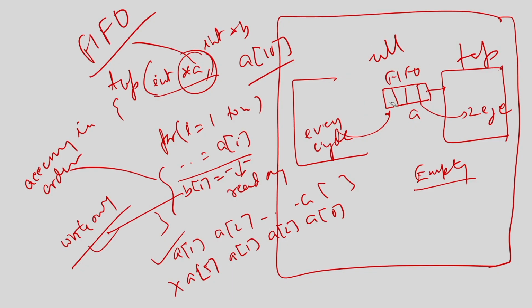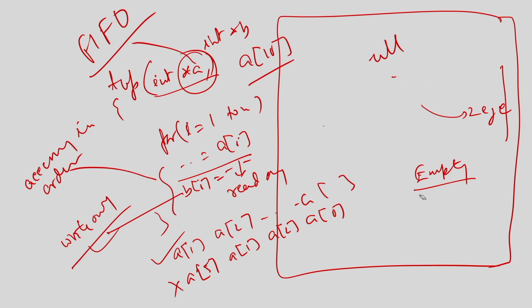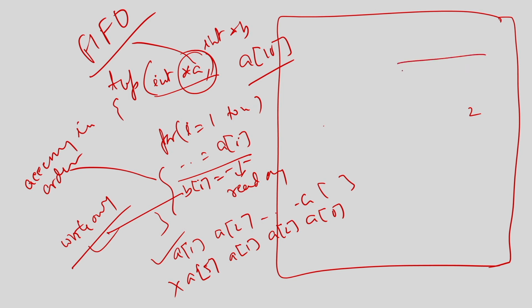The tool will assume that a RAM is present in the SOC, which is not part of this top module. Whenever you put it as an array, suppose you have this top module and you have an array. This is your top module.